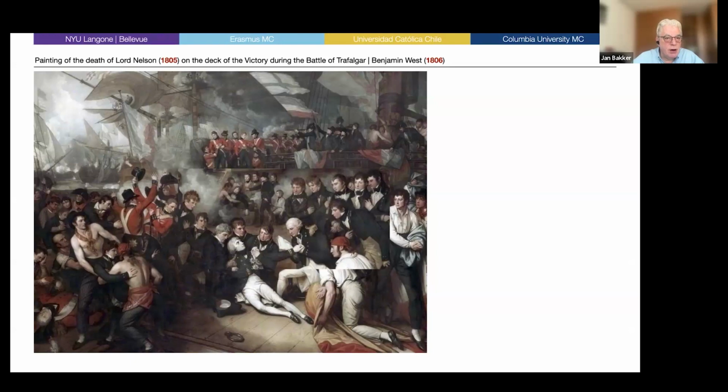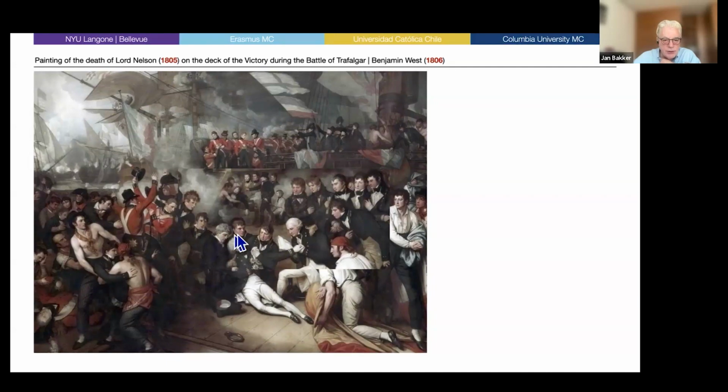This is a painting of Lord Nelson, who died in 1805, centuries ago, on the deck of the Victory. And of course, there was not a painter there drawing this picture, but the people told them what happened. And what you can see is that the dying Lord Nelson, his face was very white.